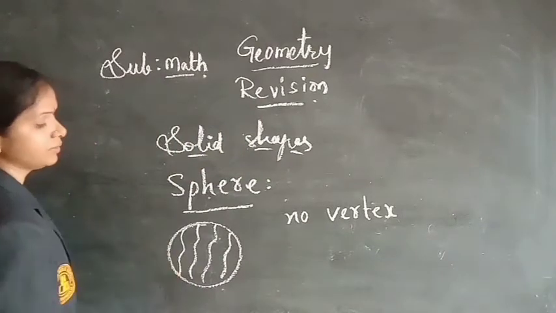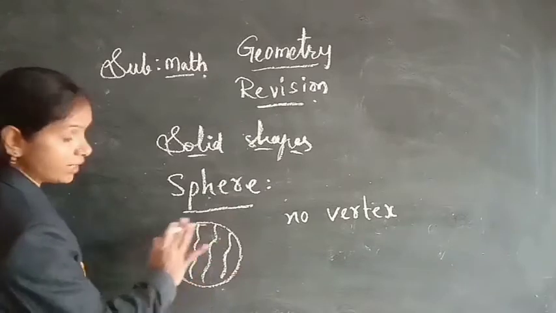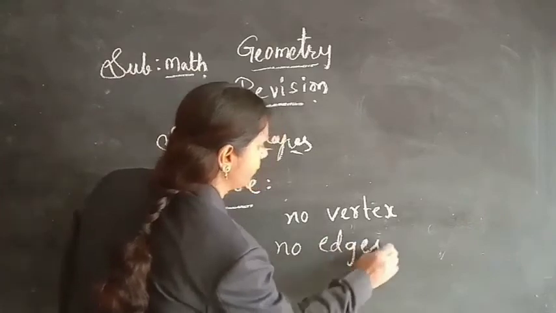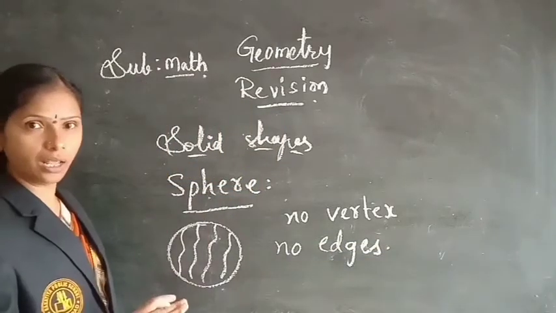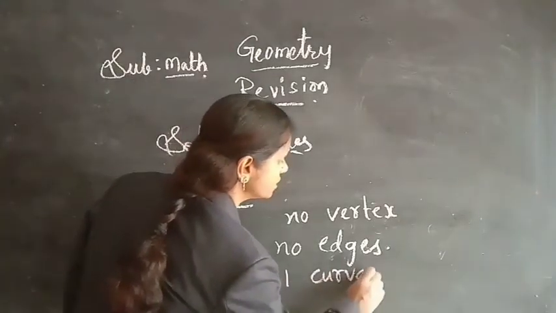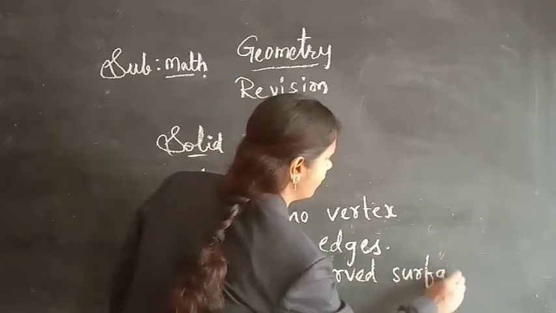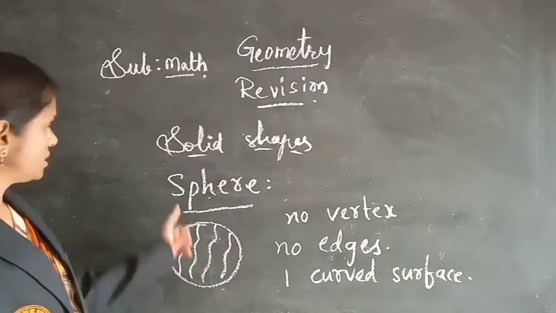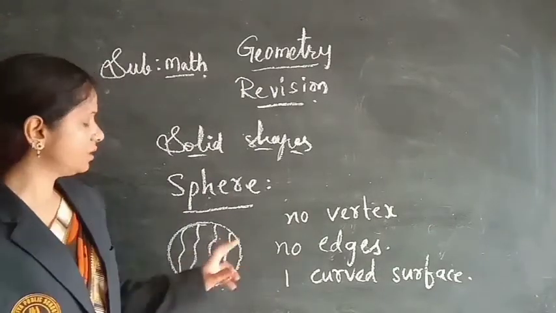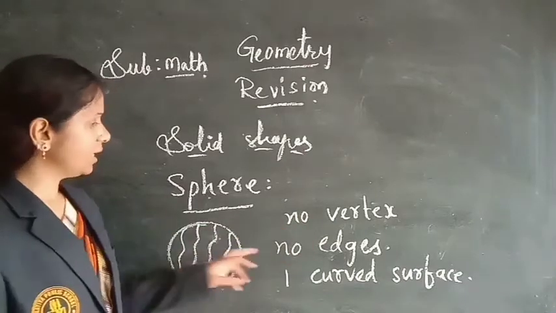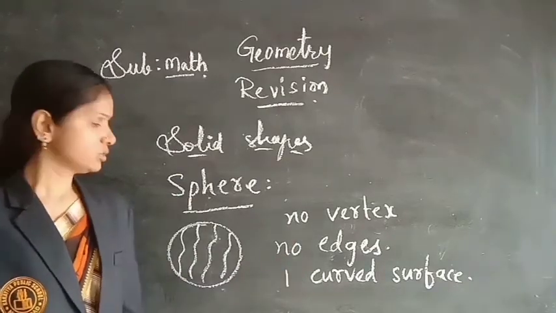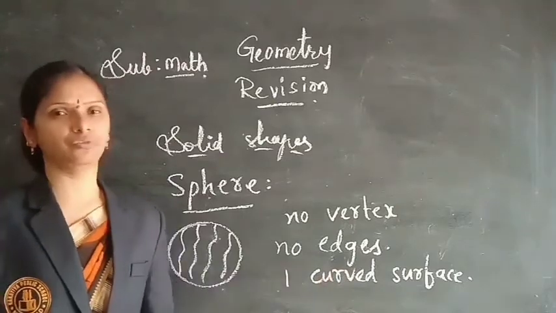And a sphere has no edges. It has only a surface, children, that too a curved surface. So a sphere has one curved surface. The examples are a ball, children, or a globe. So a sphere has no vertex, no edges, and only one curved surface.